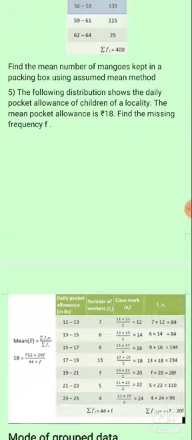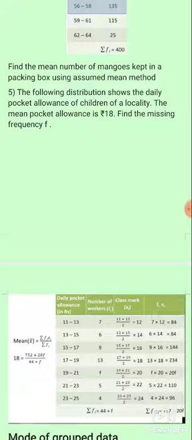Multiply 7 into 12, 84; 6 into 14, 84; 9 into 16, 144; 13 into 18, 234; F into 20, 20F; 5 into 22, 110; 4 into 24 is equal to 96. Now sigma Fi Xi is 752 plus 20F.